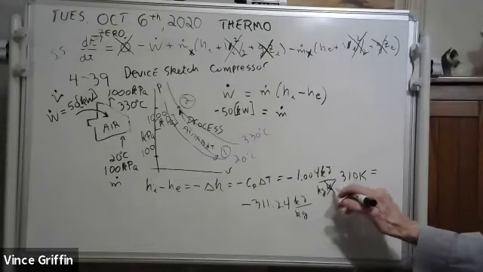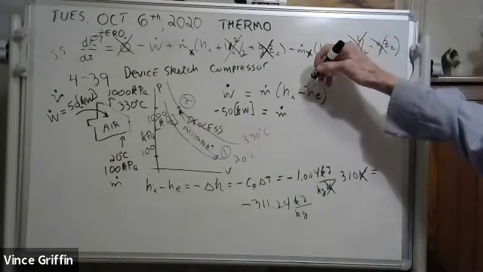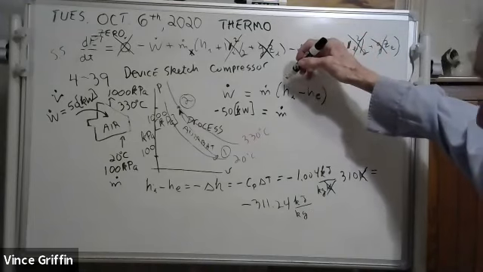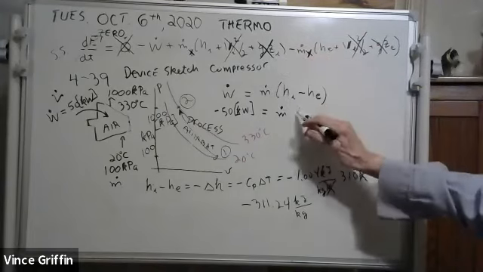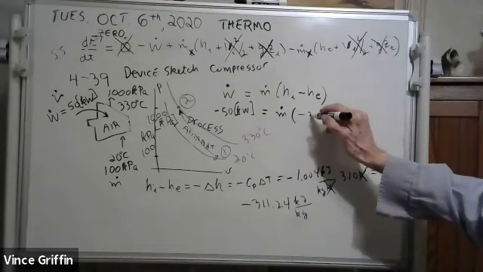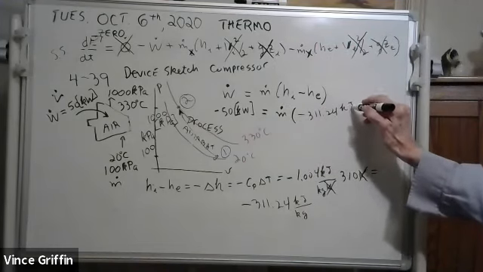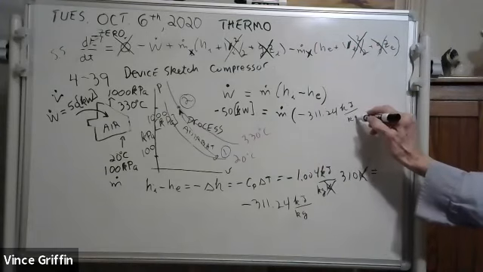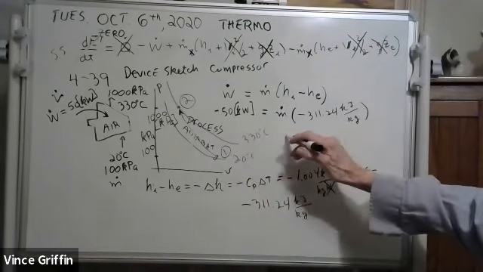See there, the kelvins cross out. We just figured this out. This here is a minus 311.24 kilojoules per kilogram. Okay, and now we're going to solve for m dot.